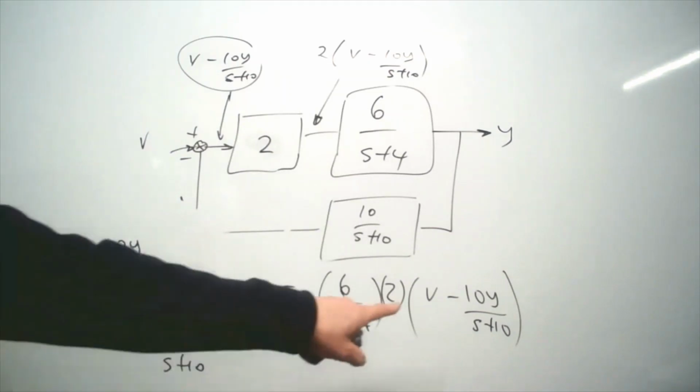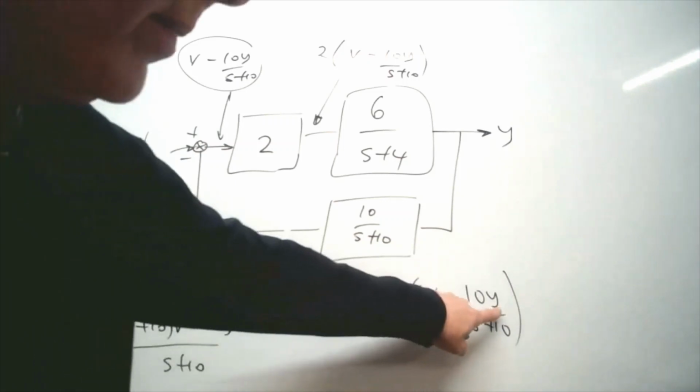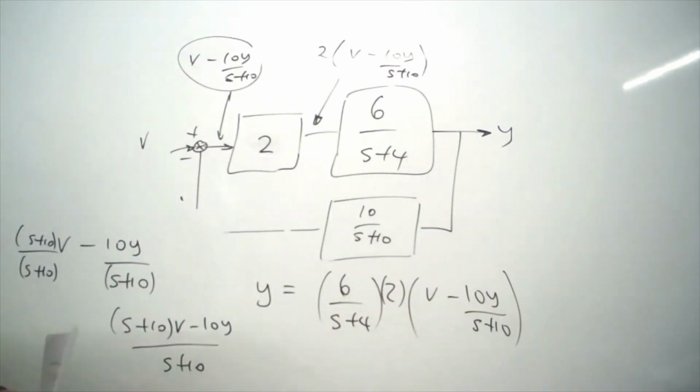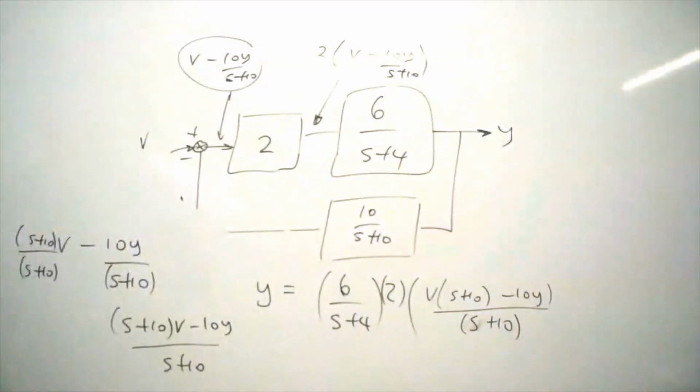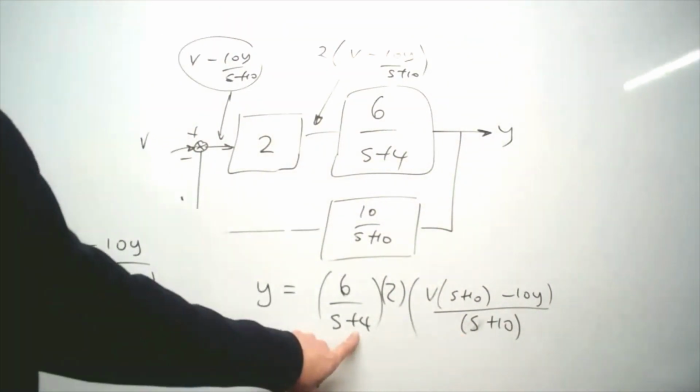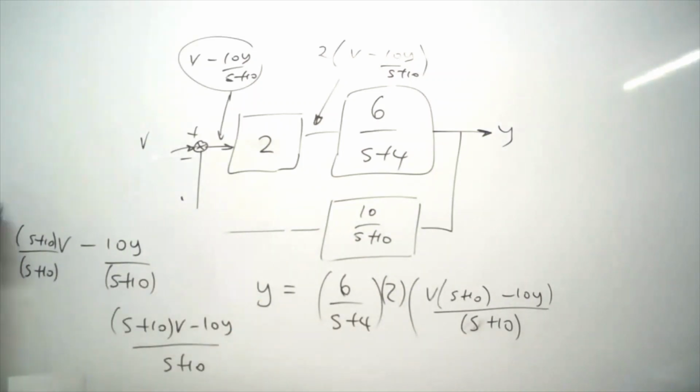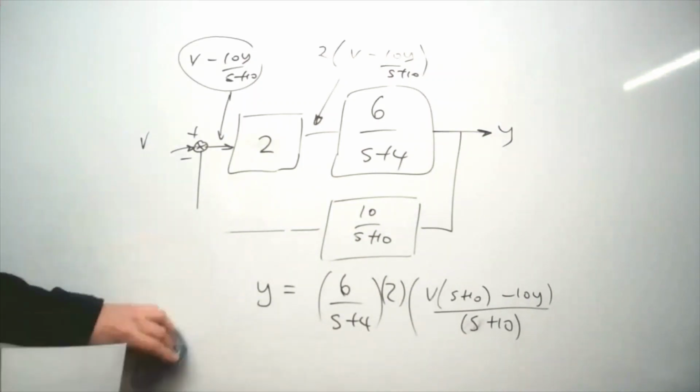So what we're doing is putting this term under a common denominator of s plus 10. So it's going to look a little bit different. It looks like that, and the advantage of this now is we can move these two terms up here to make our maths a bit simpler and a bit safer as well.